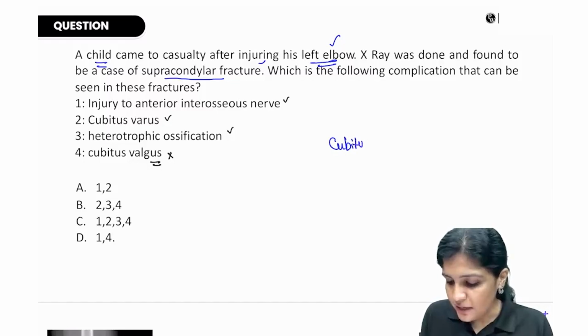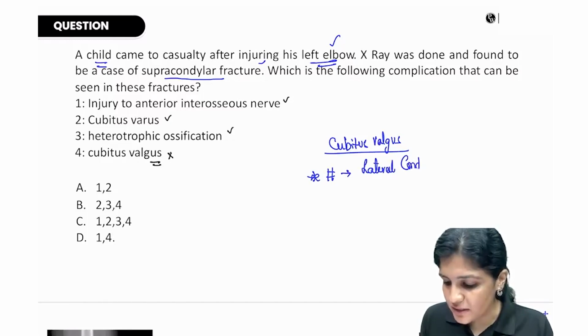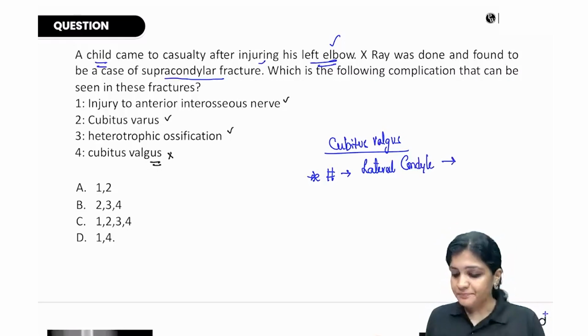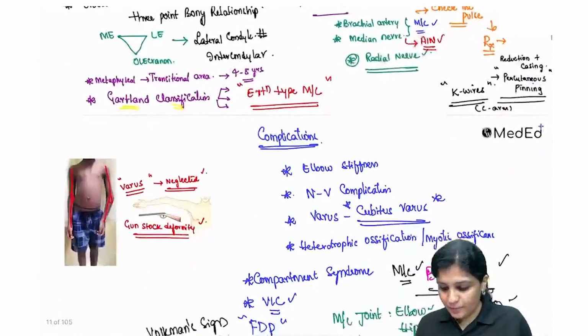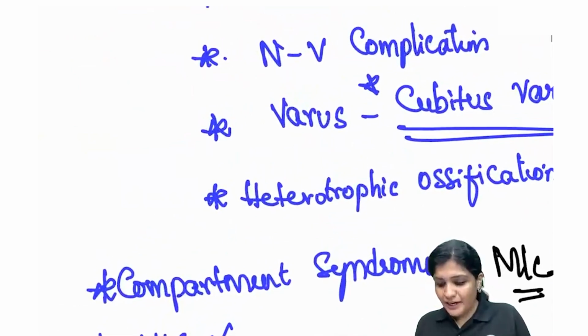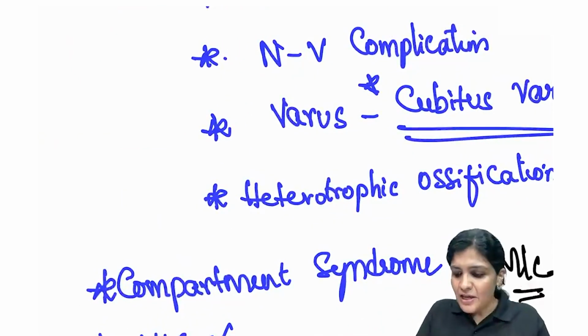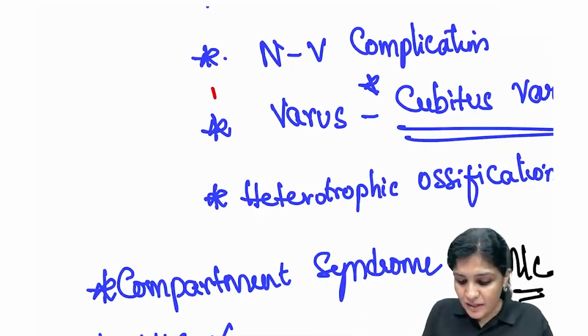To understand where we see cubitus valgus, we have to go back again to the fractures. The fractures I told you, the lateral condyle fractures usually. Here I've told you varus, right? So why does the varus occur? Varus is a result of malunion.